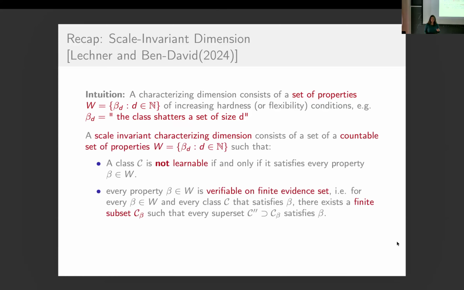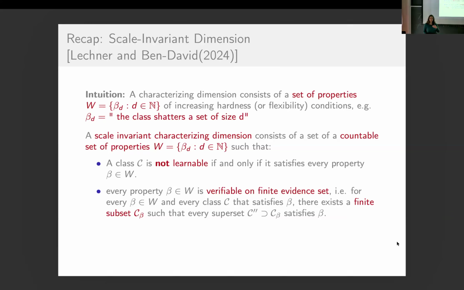And then a structural assumption we want to make on these kinds of characterization is verifiability by finite evidence sets. So for every property and every class that satisfies the property, we want there to be a finite subset of the class such that every superset of this finite subset also satisfies the property.